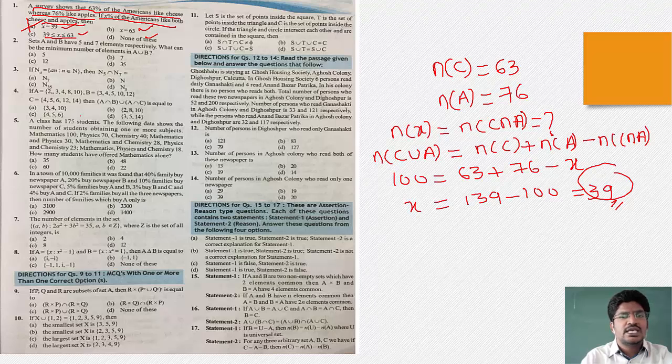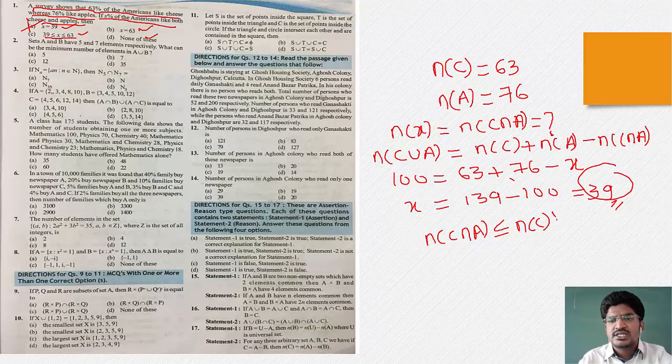What happens with option C? We know that n(C intersection A) is always lesser than or equal to n(C). This condition we know from basics of mathematics. So x is lesser than or equal to 63. Already we know that we got the value x equal to 39, so x must be greater than or equal to 39.